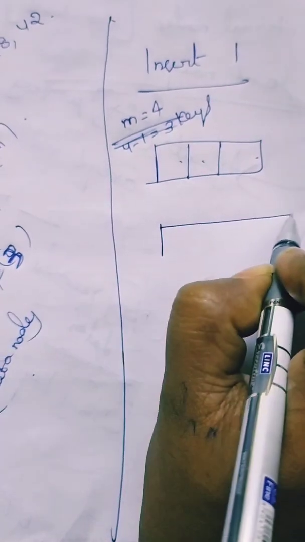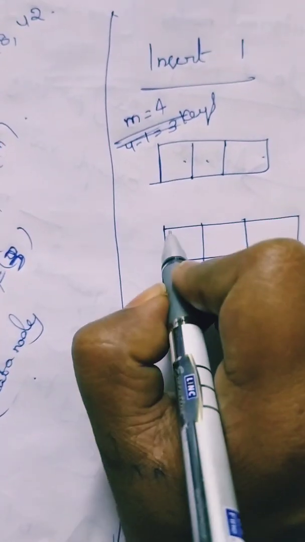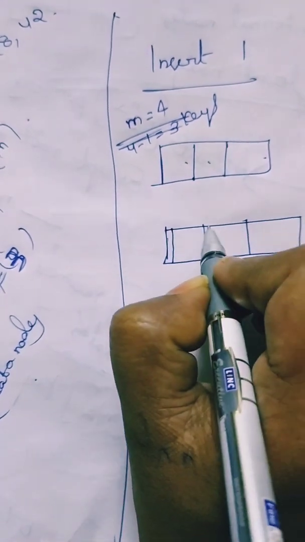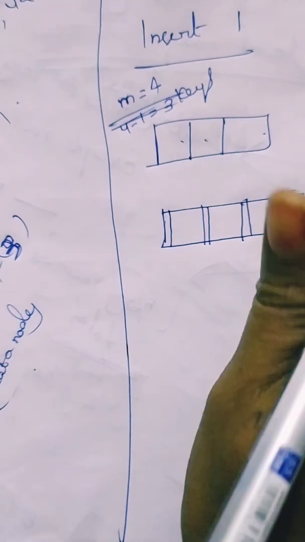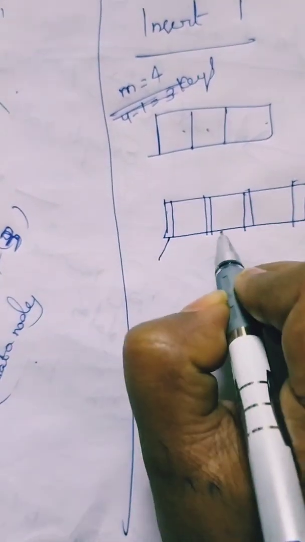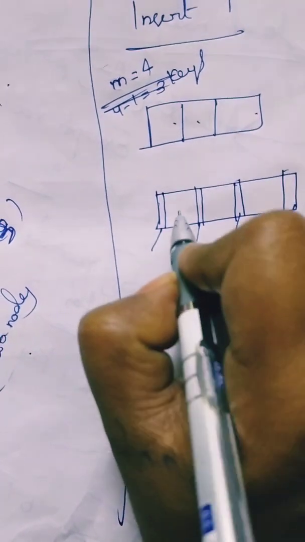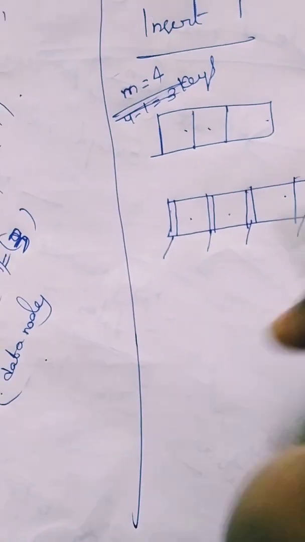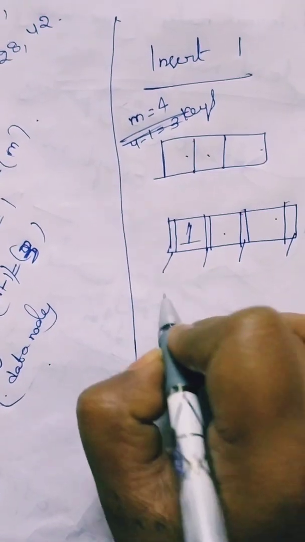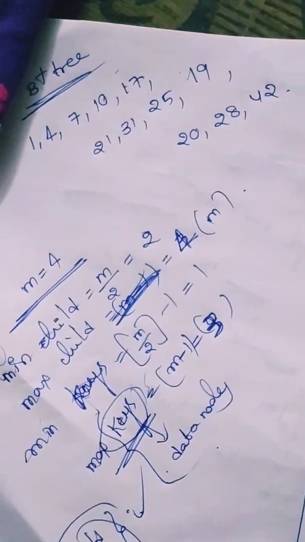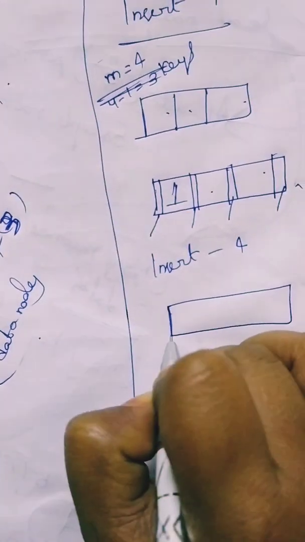We take the divided blocks because it is very easy to understand. These are the pointers 1 2 3 4, and these are the keys. So insert 1, then what is the next element? 4. Insert 4.